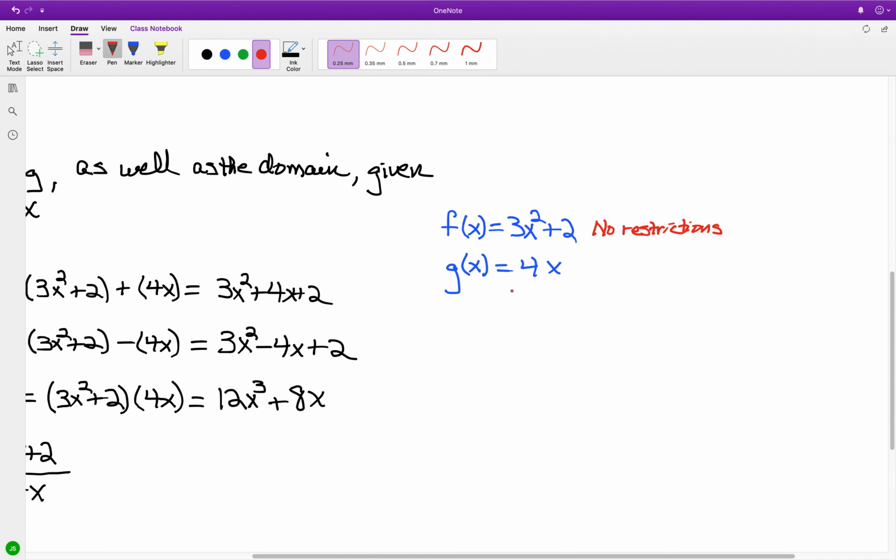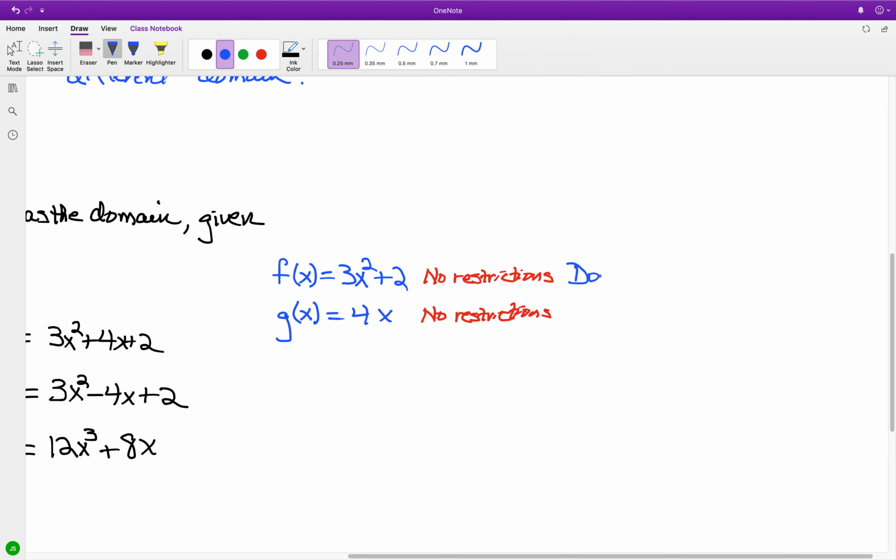And for g of x, we have just 4x, so we also have no restrictions. Also, the domain of g of x is the set of all real numbers. Symbolically, for the interval notation, we have going from negative to positive infinity.